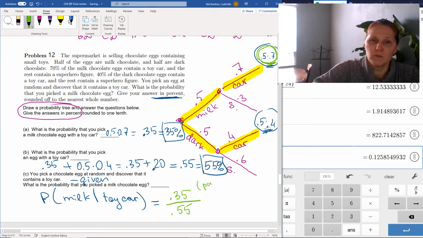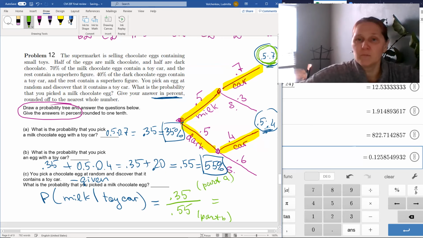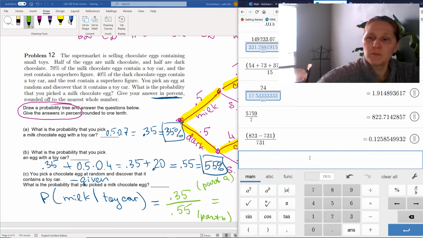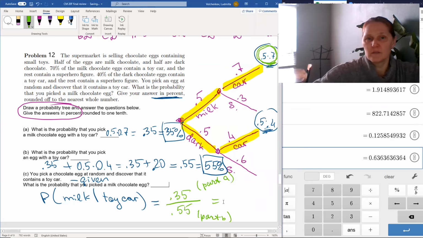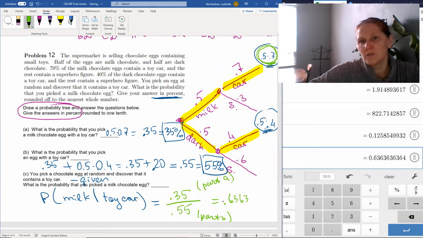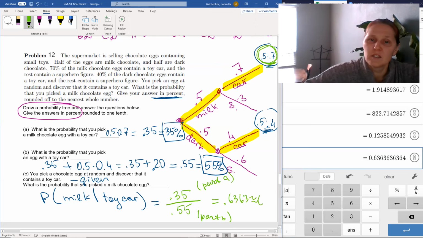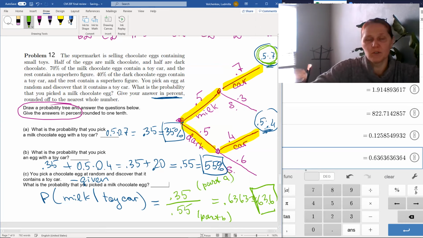So this is from part A, this is from part B. And this conditional probability is 0.35 divided by 0.55, which is 0.6363, or in percent 63.6. The answer is rounded to the nearest tenth, so 63.6%.